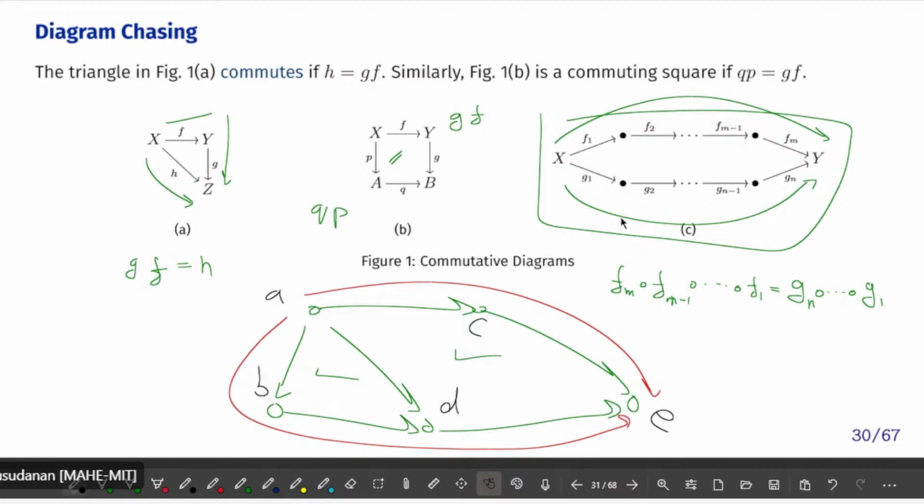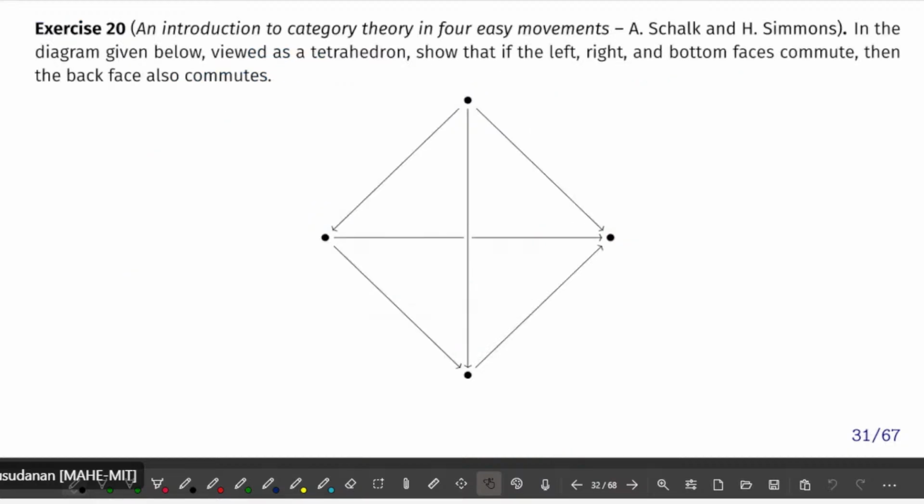Okay, fine. Moving on. So, simple exercises for these. Here you have this. Can you see it as a tetrahedron or pyramid? You're able to see it in 3D, right? This broken arrow, you have to think of it as behind the back face.